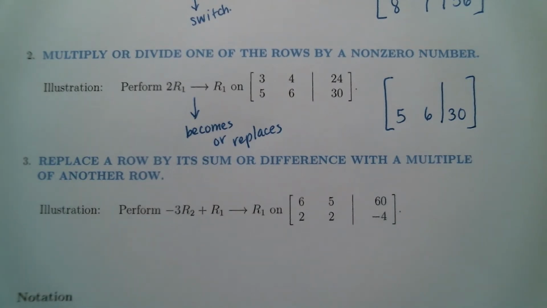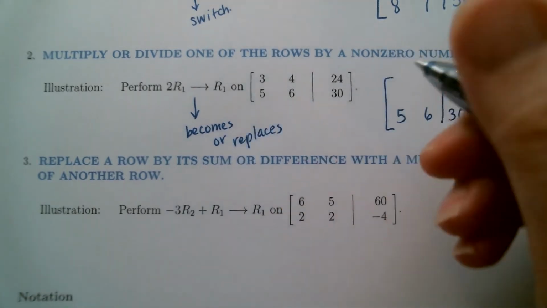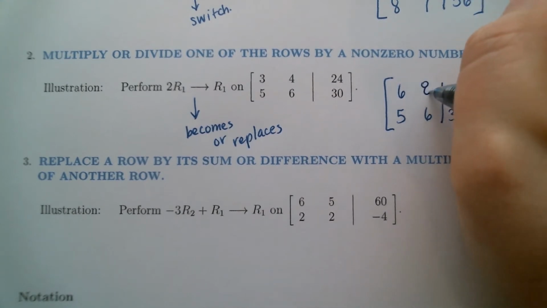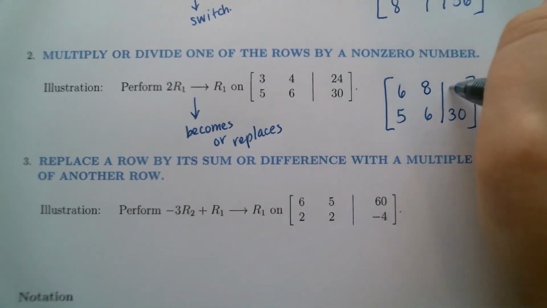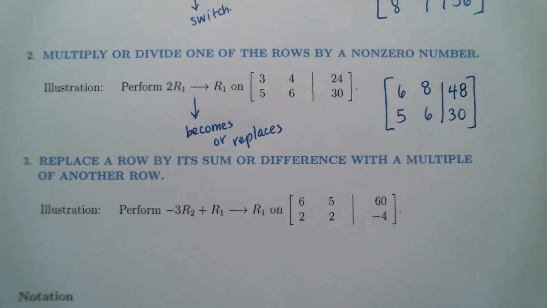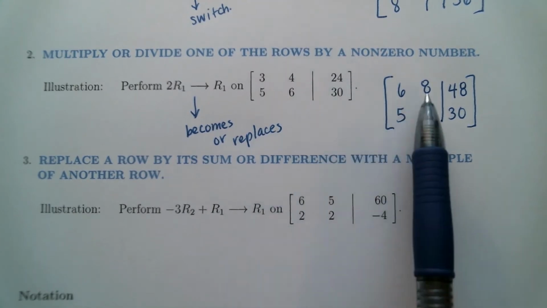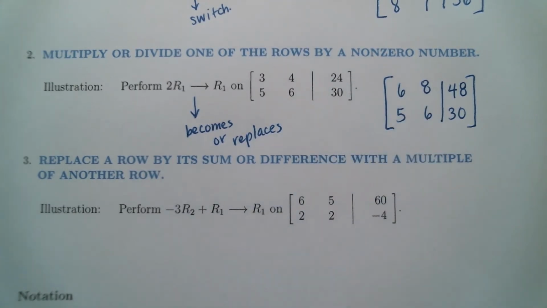Every number in the first row gets multiplied by 2. So 2 times 3 is 6, 2 times 4 is 8, and then 2 times 24 is 48. So that would be the next matrix in the series. These two are equivalent matrices, meaning the systems that they represent have the same solution.